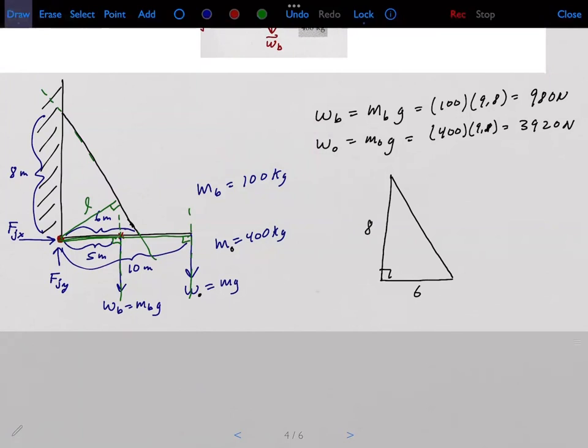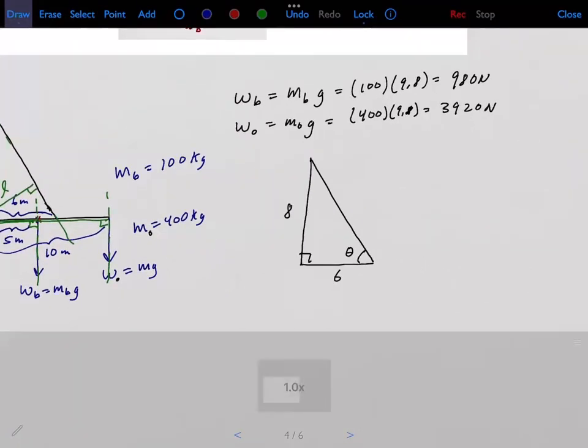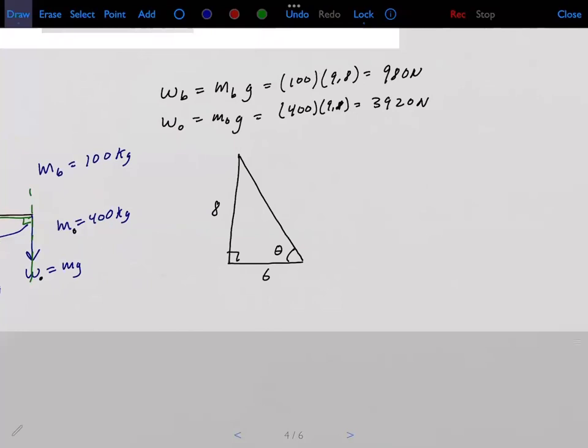So I could figure out this angle here. We could just use trigonometry, right? We know that tan of theta is equal to opposite over adjacent. So that means theta is going to be inverse tan of that. And 8/6 is really the same as 4/3, right? So it's inverse tan of 4/3. And that turns out to be 53.1 degrees.